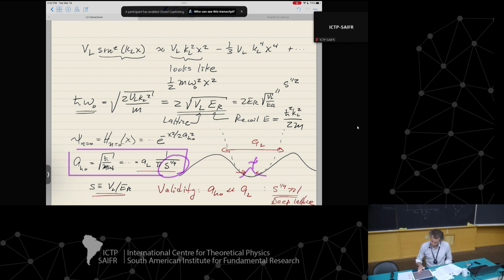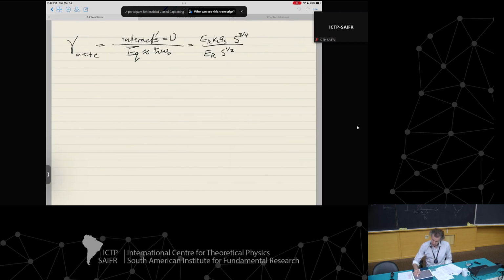Okay, so putting these things together, you see that a bunch of stuff cancels. I can cancel these factors out, and cancel this and make this just 1/4. And so you find that this goes like this dimensionless parameter k_L a_s times lattice depth to the 1/4.